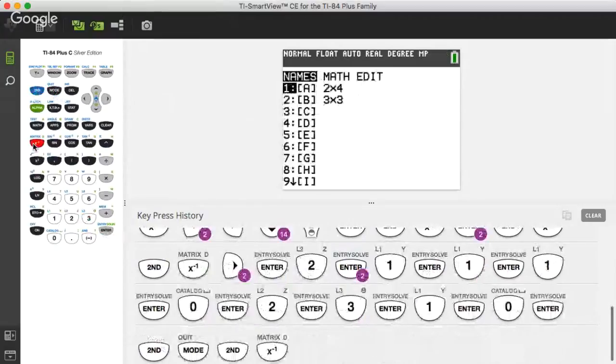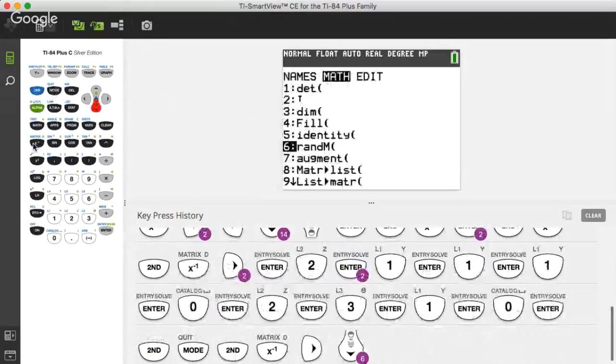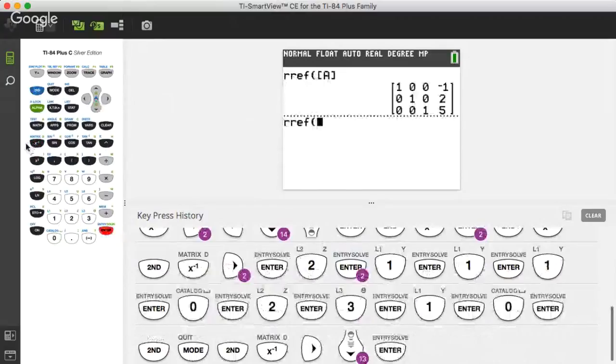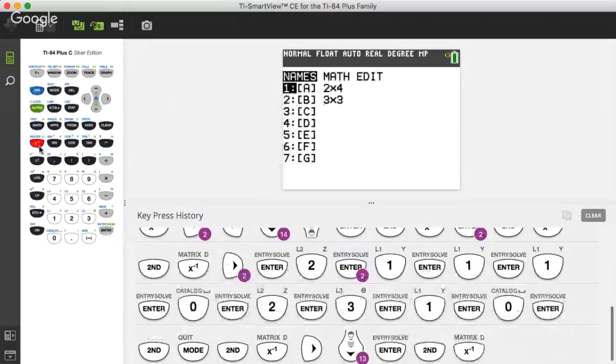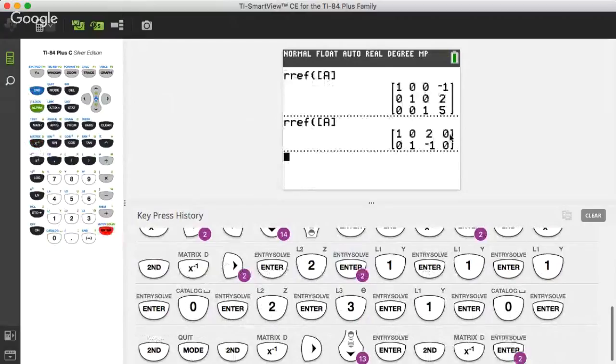Second, x to the negative first, go to math. So we start with edit, and then slowly move to the right. Second, x to the negative first, put A in, and here we are. So we get 1, 0, 2, 0, and 0, 1, -1, 0. Now here we go. So this is RREF.